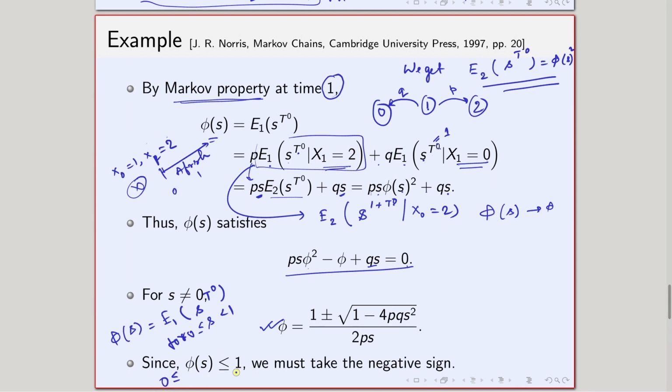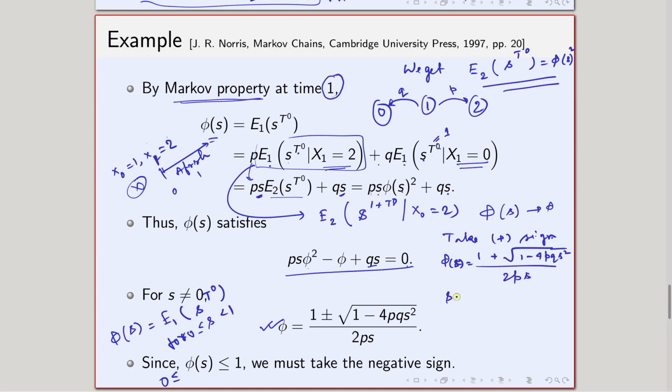Okay. So now if I take the positive sign here, then what happens? phi s is the same as 1 plus root over 1 minus 4pqs square, divided by 2ps.